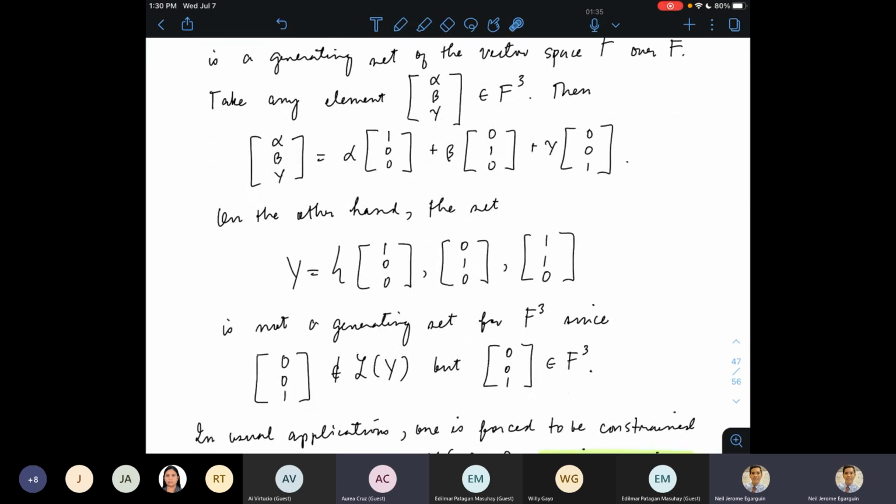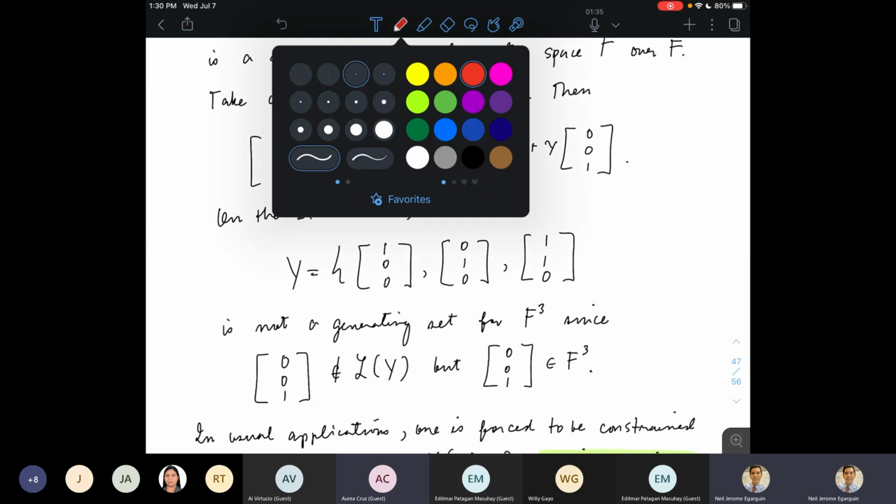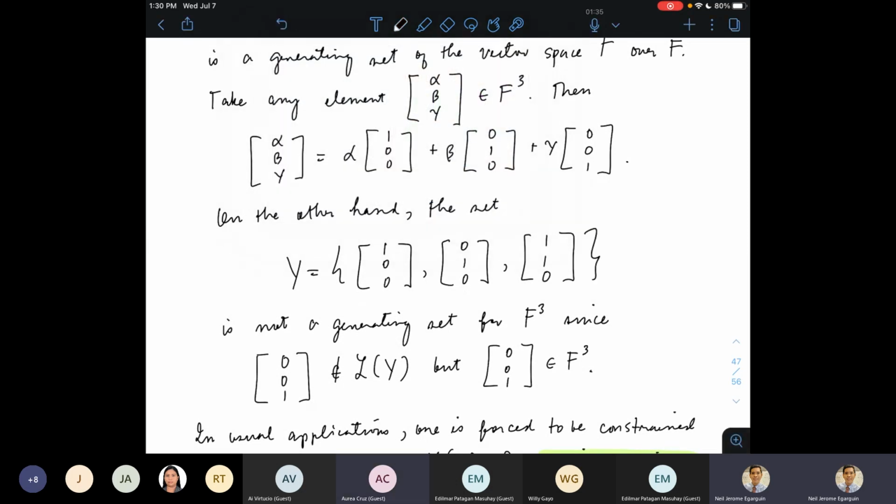Okay. Now, on the other hand, I said here that the set big Y cannot span the entire vector space F3, because if your set Y is defined this way, then if you have a non-zero third component, elements of Y cannot generate that, because the third component of all elements of Y is equal to 0.